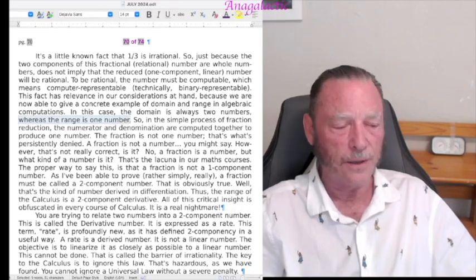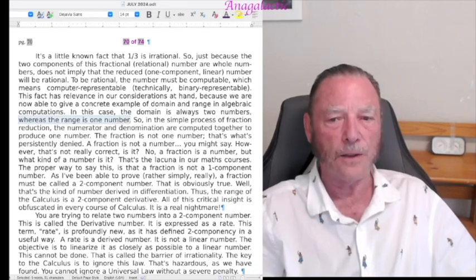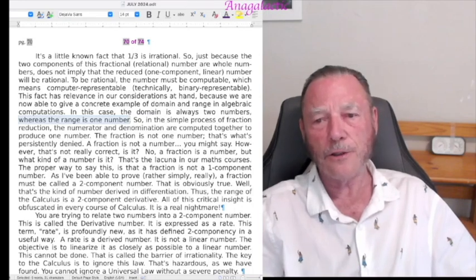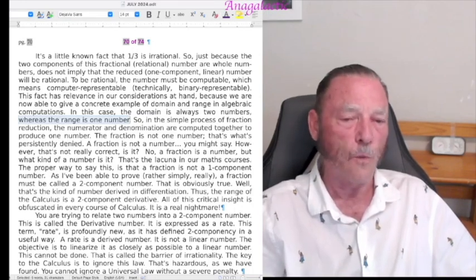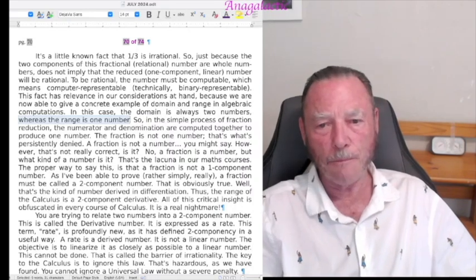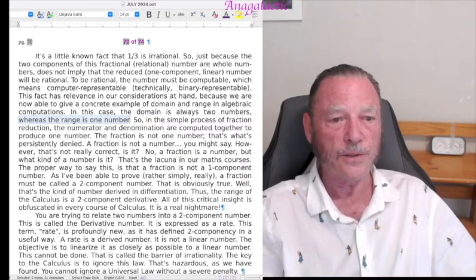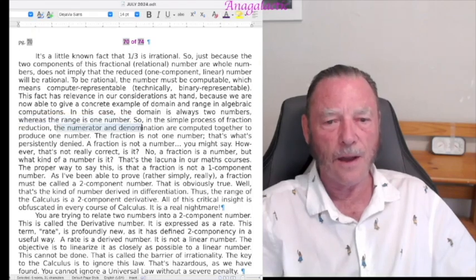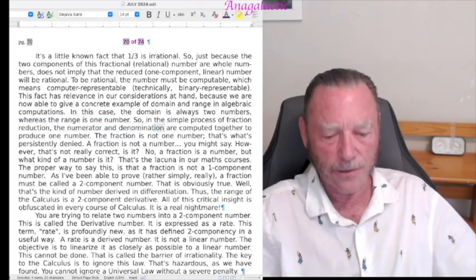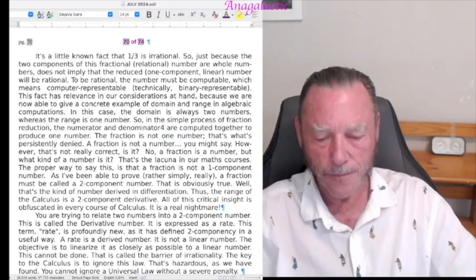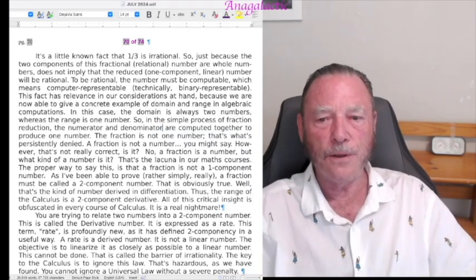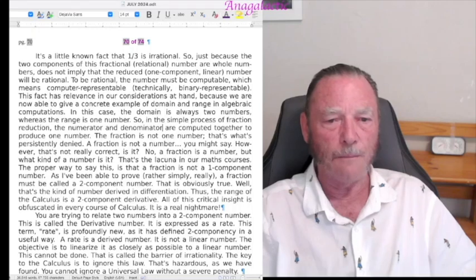That is a critical insight in your understanding of the calculus. You're trying to take two numbers and turn them into one number. So in the simple process of fraction reduction, the numerator and denominator are computed together to produce one number.